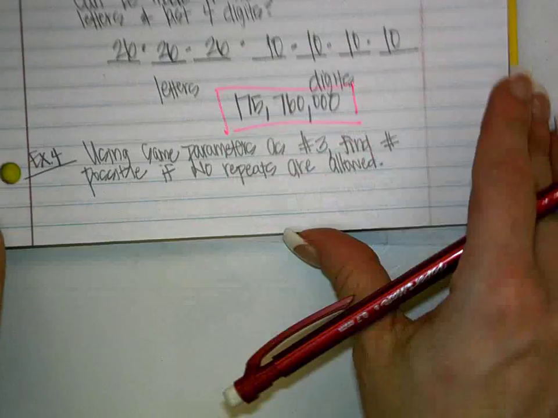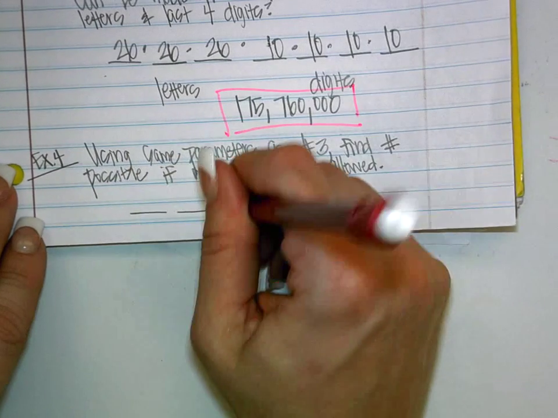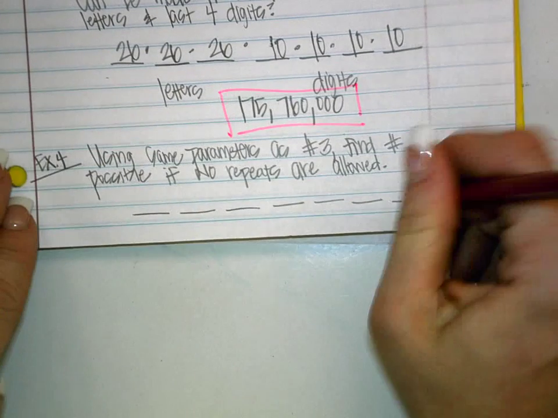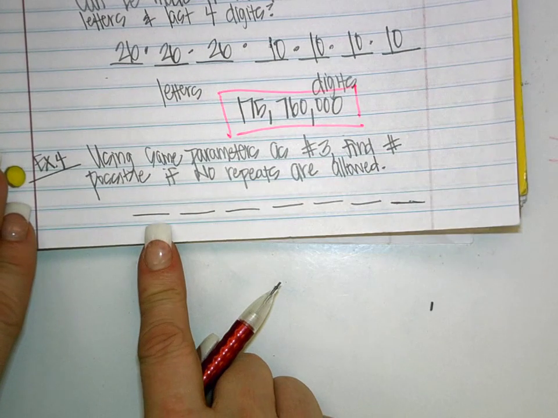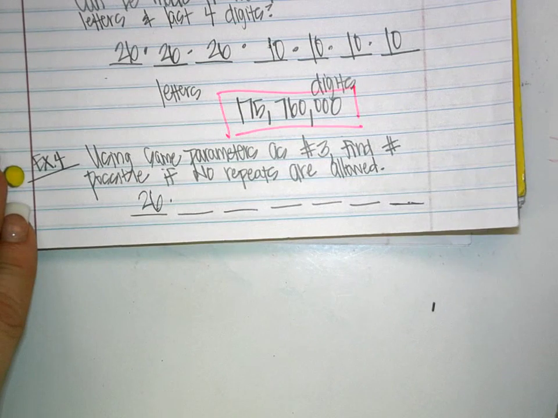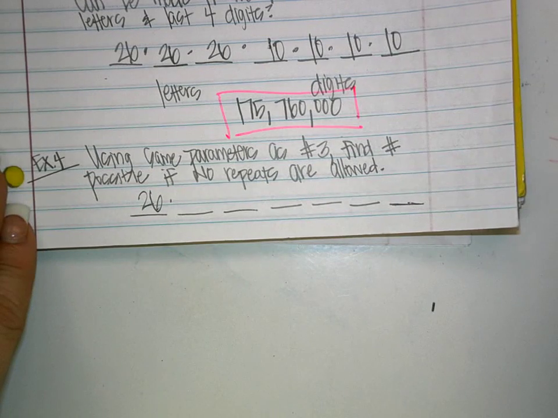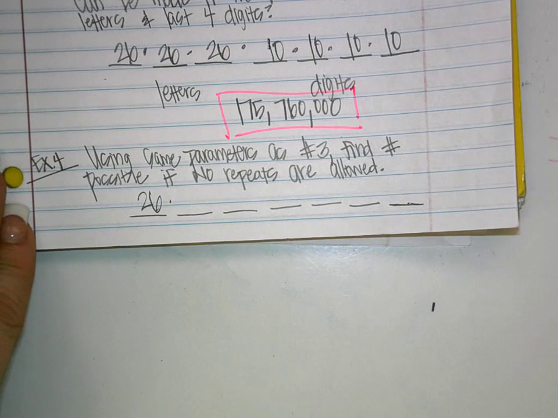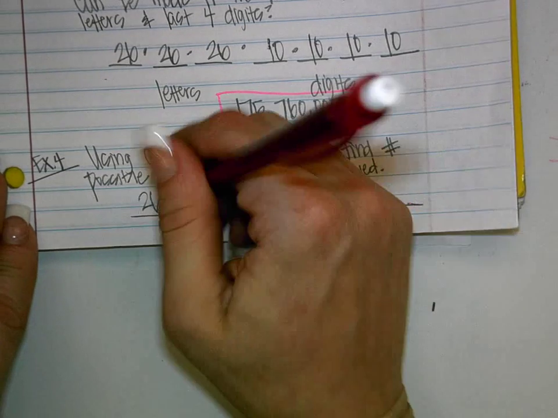So again, we're going to start with the first 3 being letters, the last 4 being digits. For the first space, how many do you have to choose from? 26. For the second space? 25. So no repeats, meaning you couldn't have an A and then another A. Once you've used a letter, it's no longer possible, so there'd be 25.